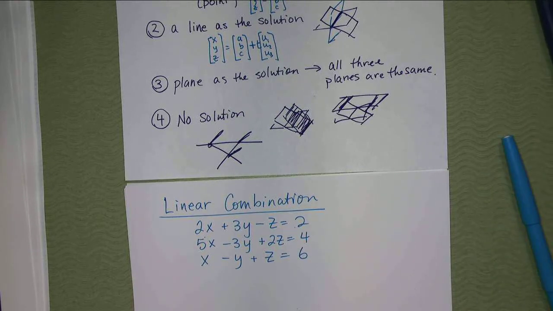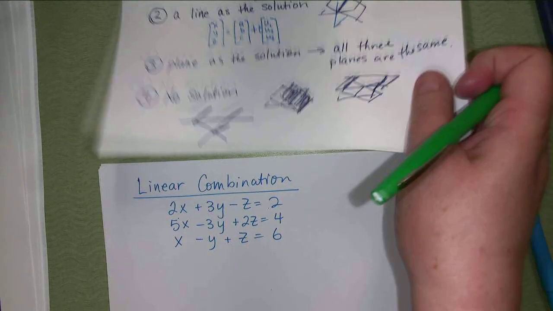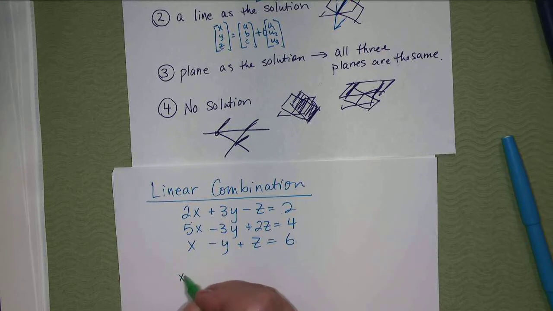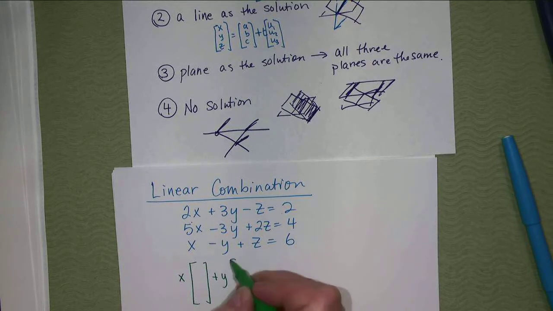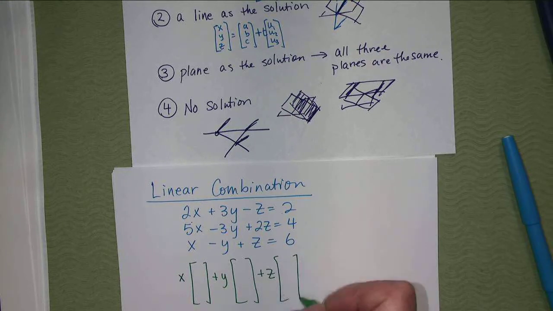So a system of equations is actually another form for a linear combination. So here we have x, y, and z as our unknowns, which are actually our coefficients for our linear combination.